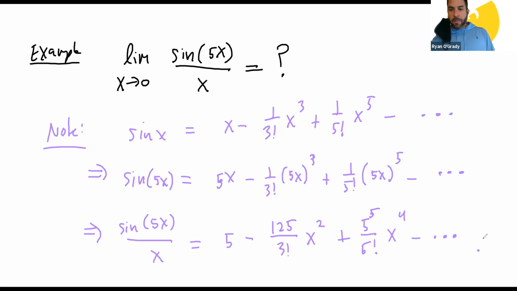The main observation here is that on the right-hand side, every term except the first one has a power of x. Every single term. And so if I plug x equals 0 in, the only thing that survives is 5. And so that tells us that the limit is 5.